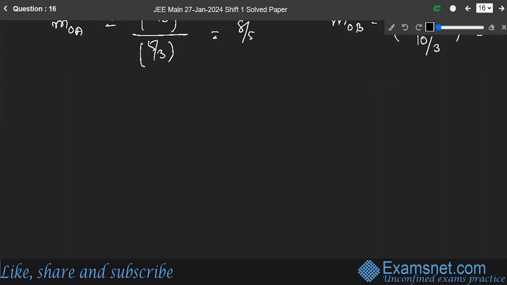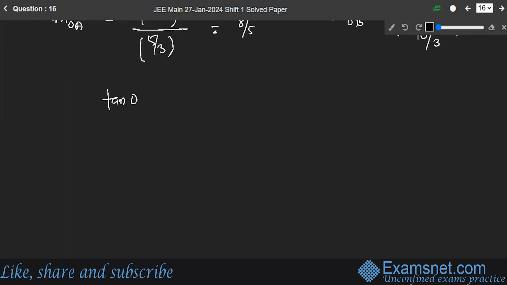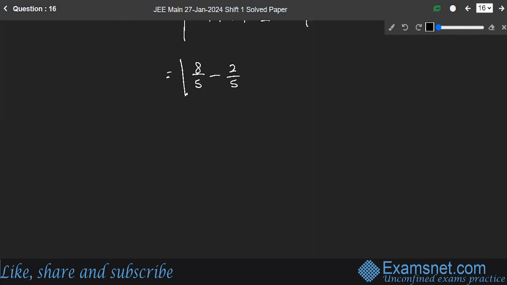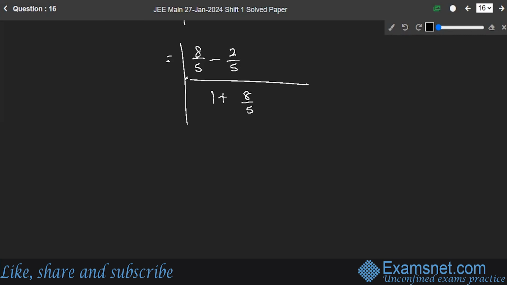Now the tangent of the angle between them: the formula is that the tangent of the angle between the two lines is given by the slope of the first line minus the slope of the second line upon 1 plus the product of the two slopes. So m1 is this and m2 is this. You have (8 by 5 minus 2 by 5) divided by 1 plus 16 by 25.